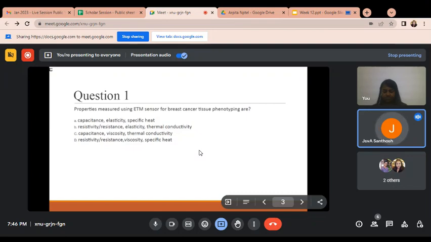Ma'am, in a piezoelectric pressure sensor, a strain gauge is used, and if you apply pressure, there is a change in voltage. It is called the piezoelectric effect. Yes. And how to fabricate it?